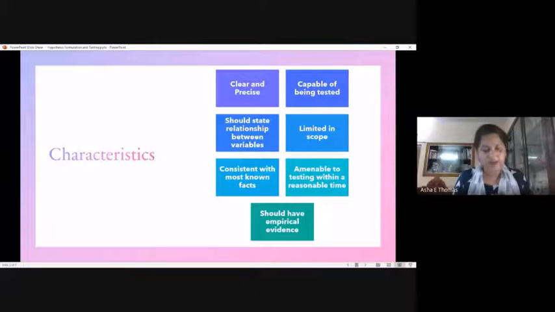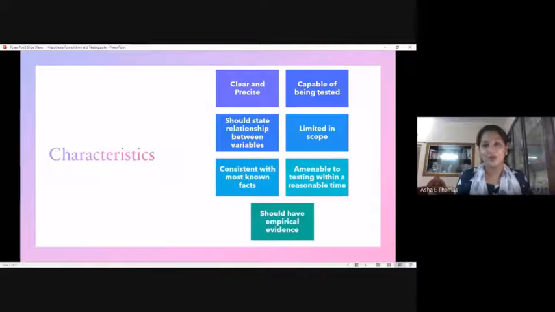And the next thing is, since hypothesis testing models will be accepted only if they are validated with different empirical evidence, the hypothesis model or the variables identified and the relationship should be possible to test using a variety of statistical tools.